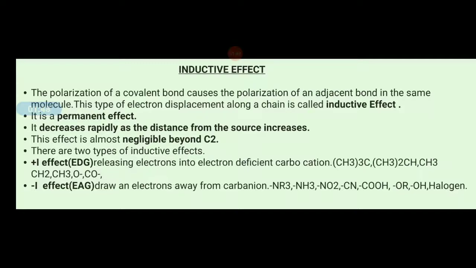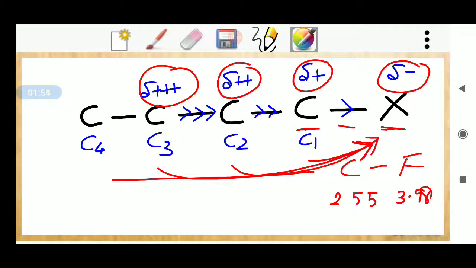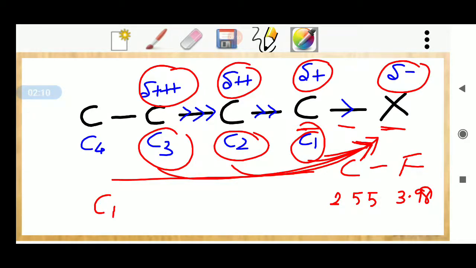It decreases rapidly as the distance from the source increases, which means C1 is closer to the electronegative atom, so it has a greater inductive effect compared to C2 and C3. So the inductive effect order is C1 greater than C2 greater than C3.